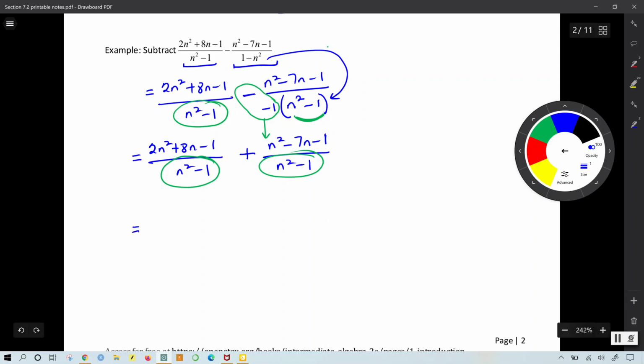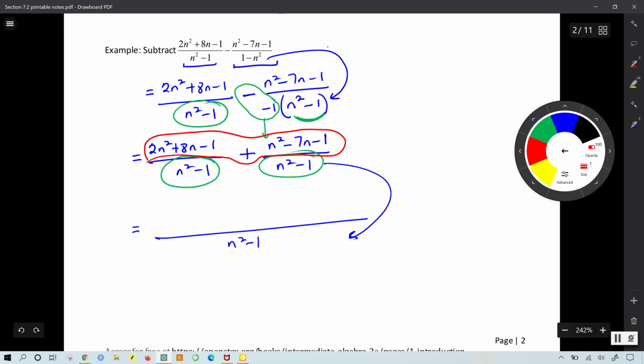And that makes it easier to complete the addition because we can write the denominator as n squared minus 1, and then with the top, we can focus on 2n squared plus 8n minus 1 plus n squared minus 7n minus 1.